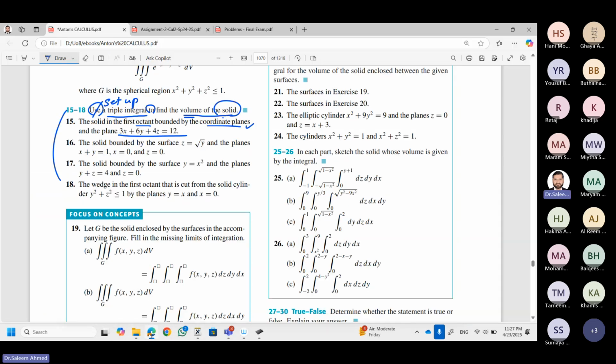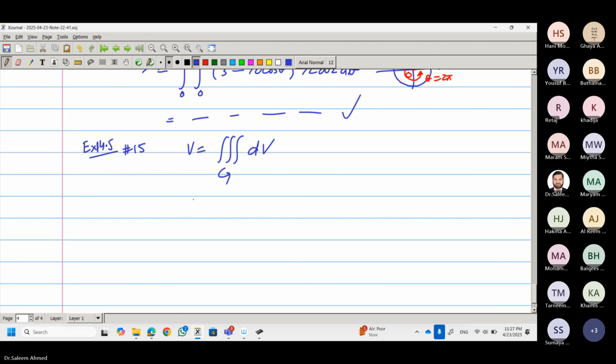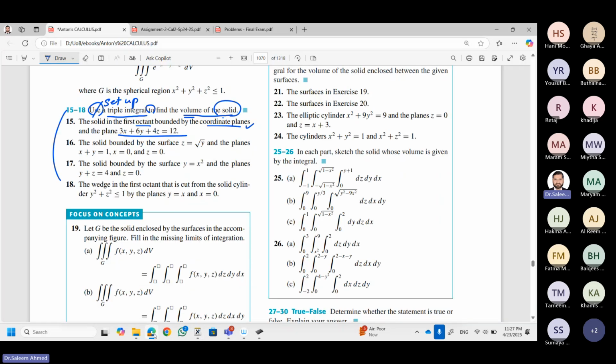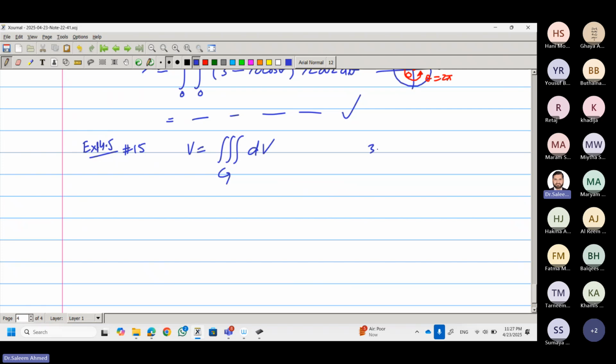I think I did this problem during the lecture, but anyway: 3x plus 6y plus 4z equals 12. These three coordinate planes mean you are in the first octant. You are sitting in the room, the room which you see.